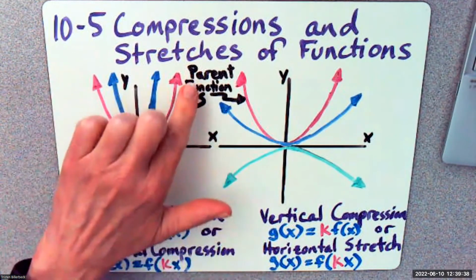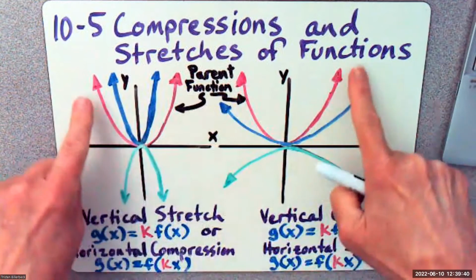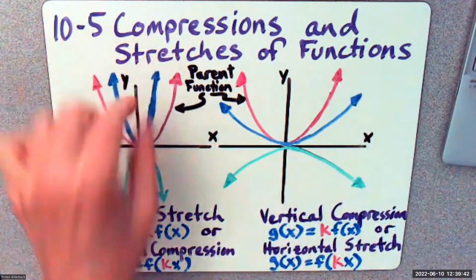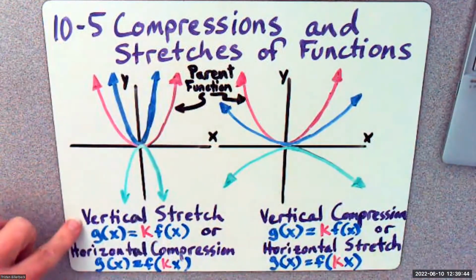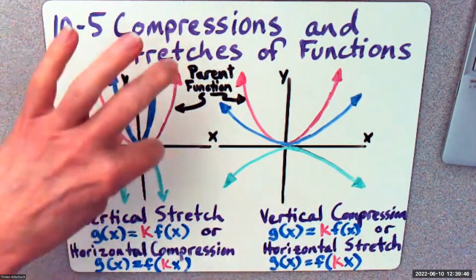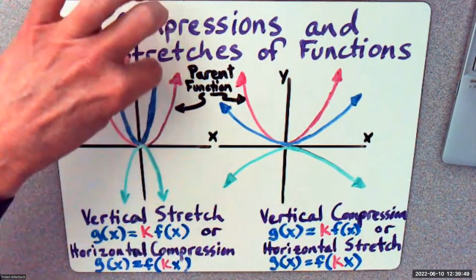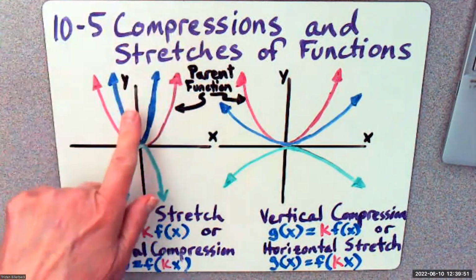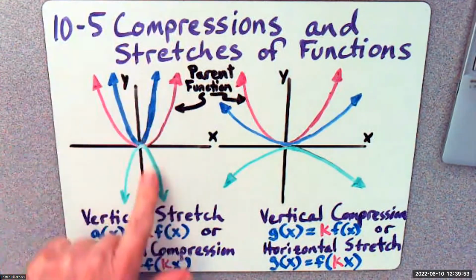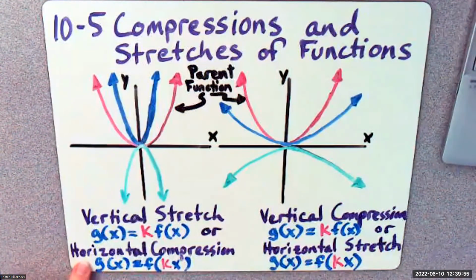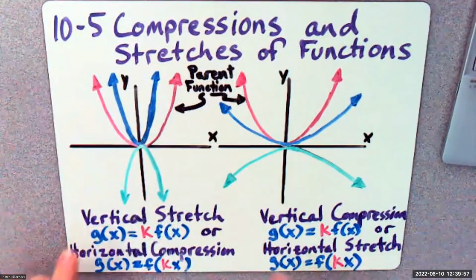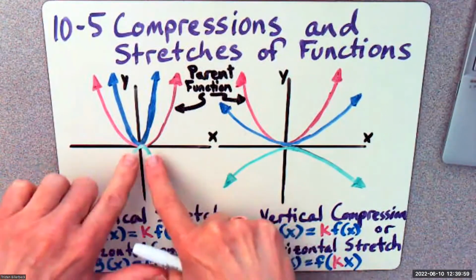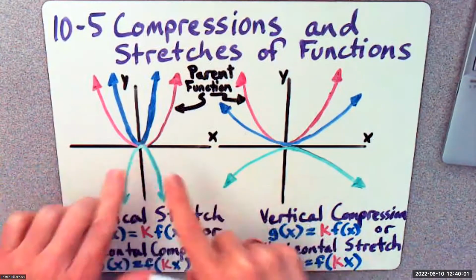So if this pink is my parent function right here, then a vertical stretch would make the parabola stretch toward this y-axis. However, a horizontal compression is in reference to this axis, the x-axis.